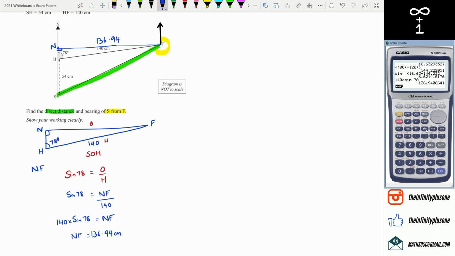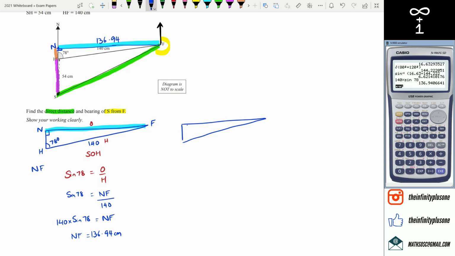Now, to work out the green distance, SF, I've worked out this part here, and this part here is worth 54. I need to work out the orange part to create a big right angle triangle, and then I can work out the green part. So the next step, having worked out the blue part, is to work out the orange part.